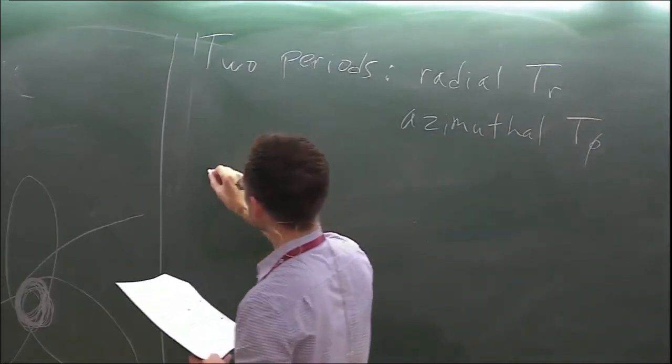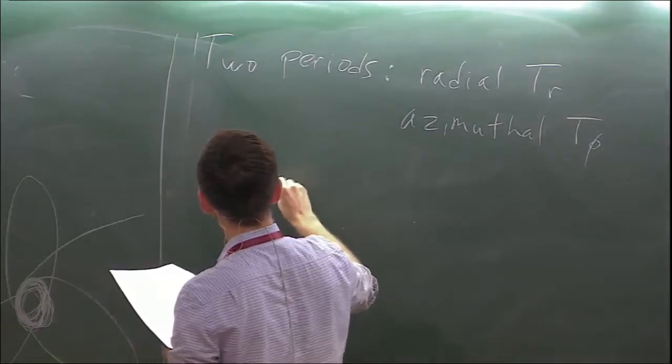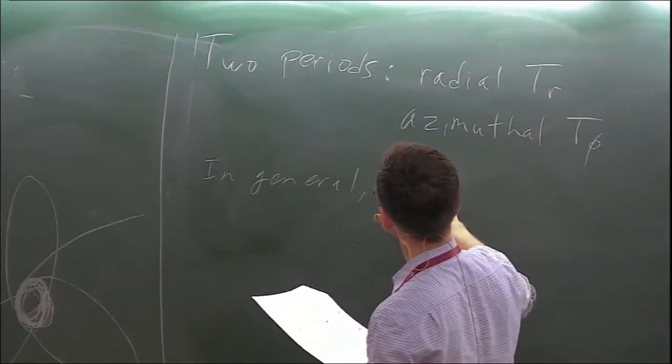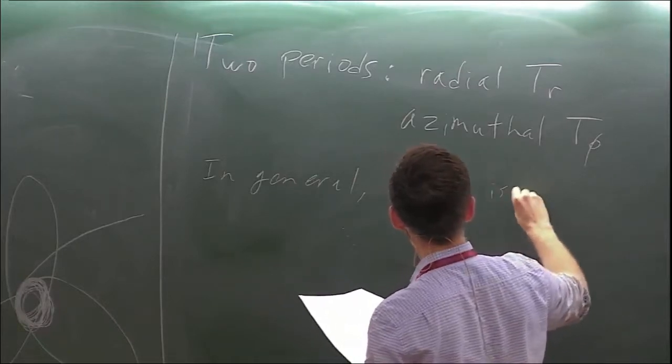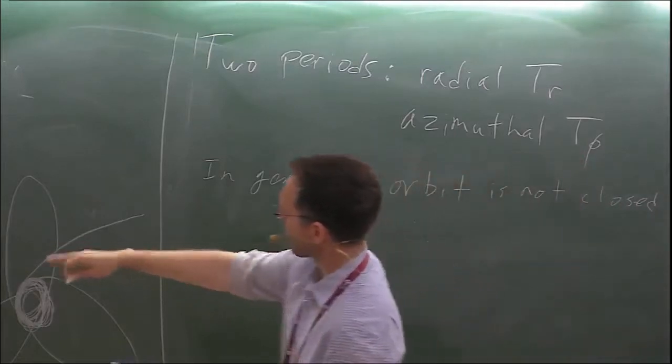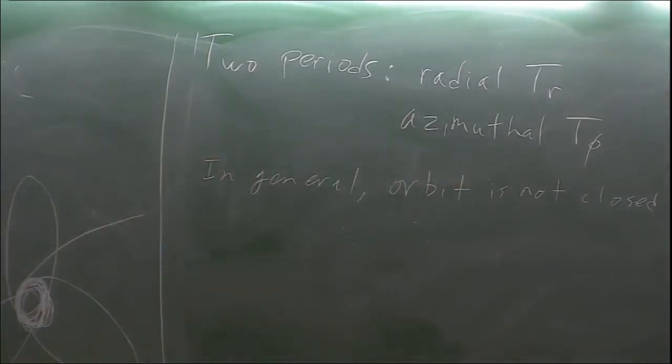In general, the orbit is not closed. Meaning you get what I've drawn, where it just keeps cycling around and never closes back in on itself.